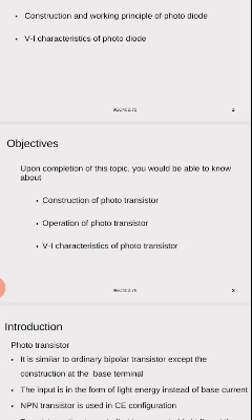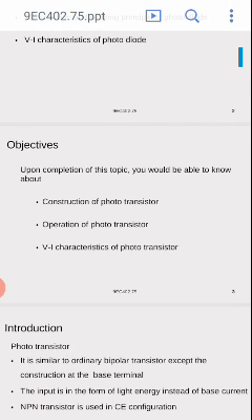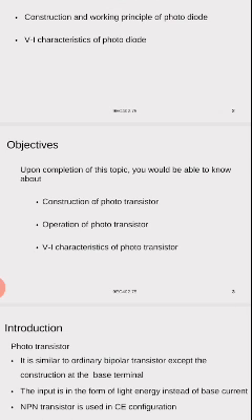Now, objectives in this class. Upon completion of this topic, you would be able to know about construction of phototransistor, operation of phototransistor, and VI characteristics of phototransistor.